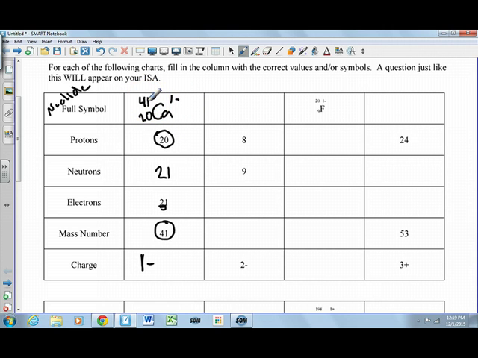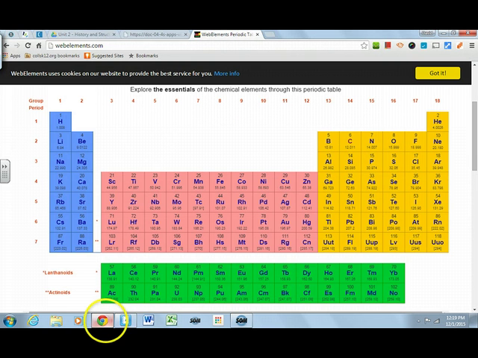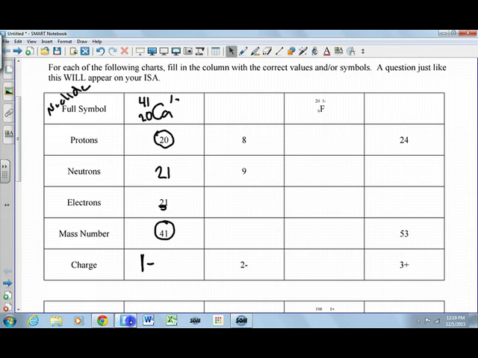Now, same thing. Here we're given the number of protons, neutrons, and the charge, and we should be able to figure this out. Let's again go to the periodic table. Element number 8 is oxygen, so we will write an oxygen here. We put an 8 here because that's the atomic number.